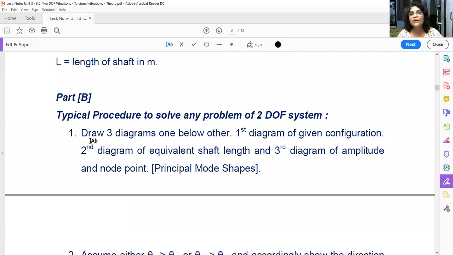First we have to draw 3 diagrams, one below the other. One diagram is of configuration, the second diagram is of equivalent shaft length, and the third diagram is of amplitude and node point, also known as the principal mode shapes. When we solve the problem, you will come to know how to draw diagram number 2 and diagram number 3.